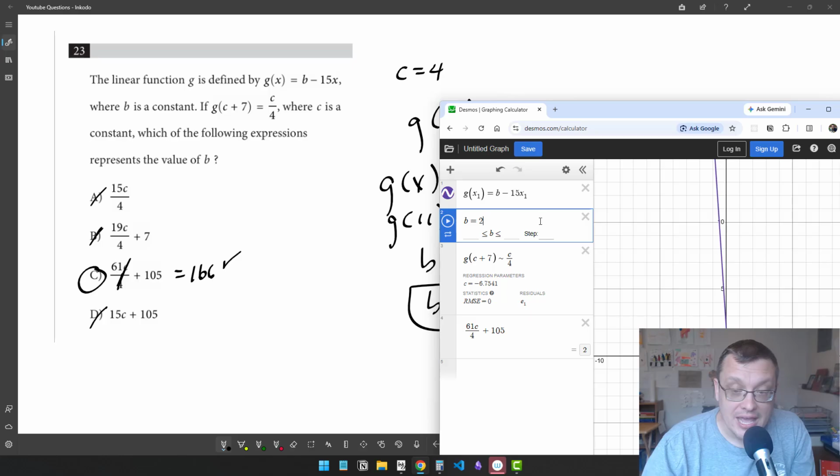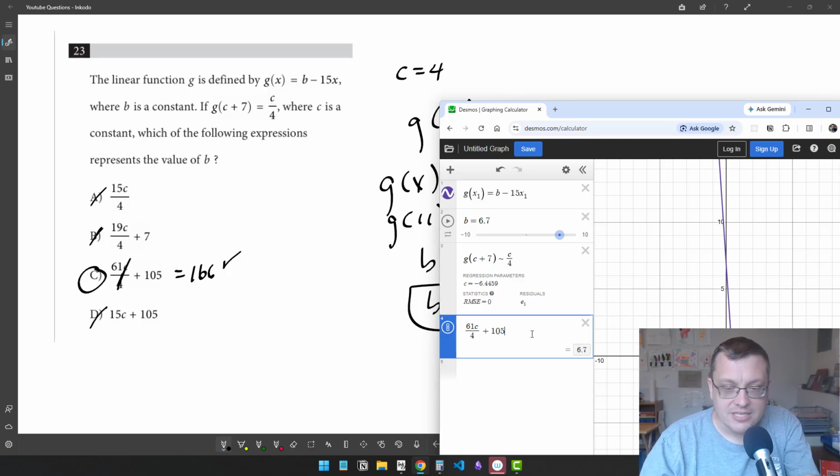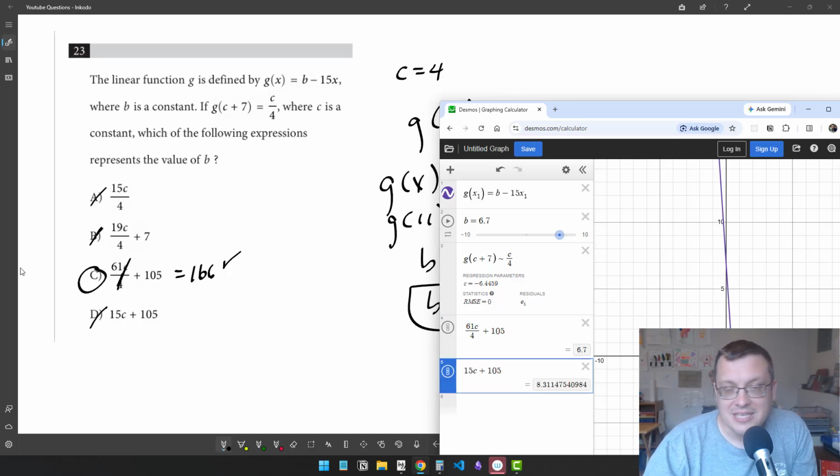And notice if I went ahead and changed the value of b, look what happens to our value of choice C. It matches it. If it's negative 5.5, it's negative 5.5. If it's 6.7, it's 6.7. So this is a good sign that C works. And then if we just test choice D, we see that it fails miserably. So best answer here is C.